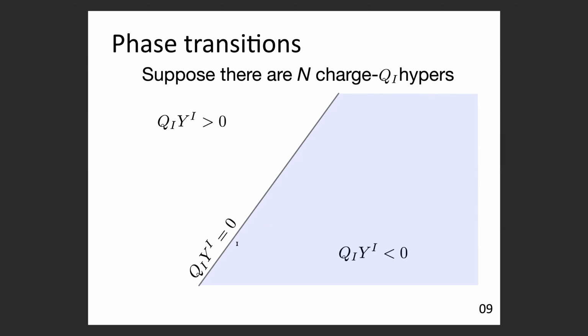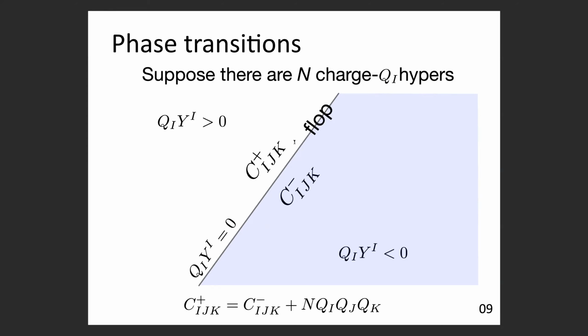So what happens? This is in fact a flop of the geometry, and the prepotential will change. The C_{IJK} are different on the two sides of the flop. The intersection numbers change, and they change in a very precise way that's determined by the charge of the hypers becoming massless and how many of them there are. So there's just a very simple formula that tells us the only way that this prepotential can change.